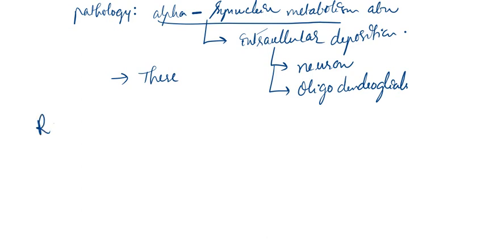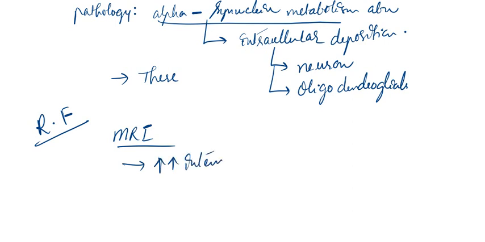Okay. So what are the radiographic features? If you ask me, obviously MRI is the modality of choice for any suspected patient with MSA. Now someone might ask, sir, what are the features that we see in MRI? See, generally if you observe the MRI scan of MSA, you see some hyperintensities present in the pontocerebellar tracts.